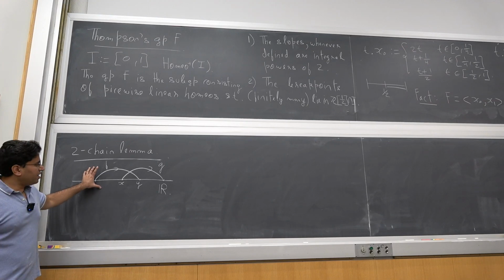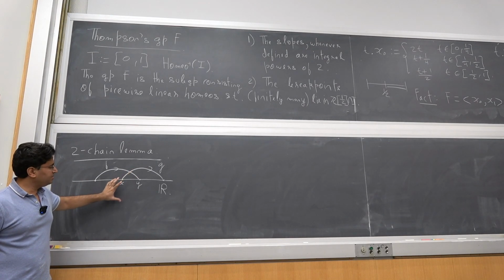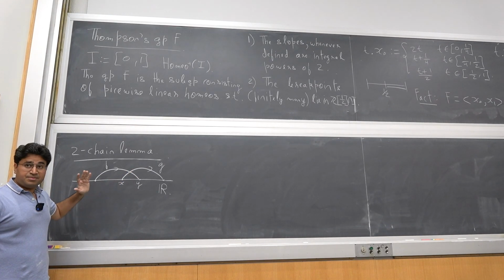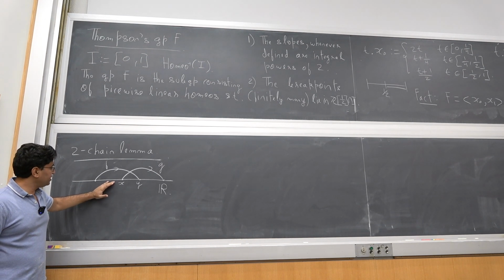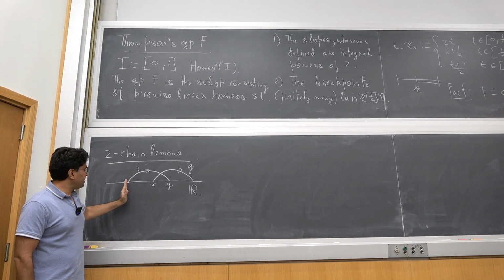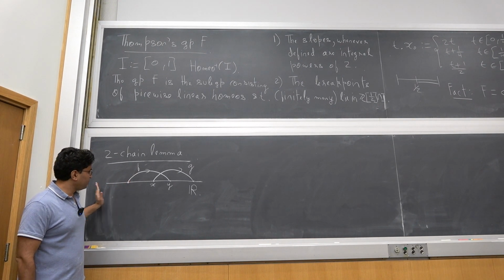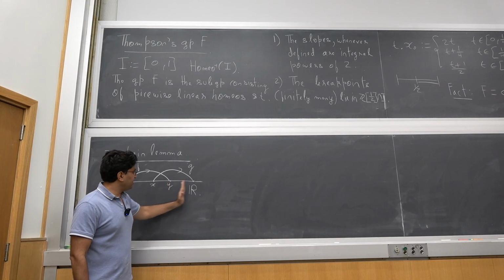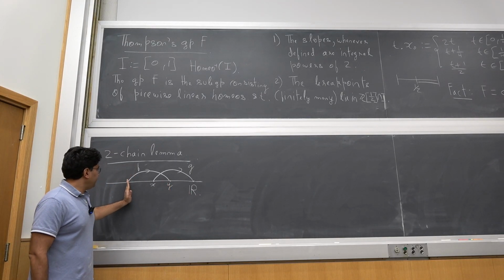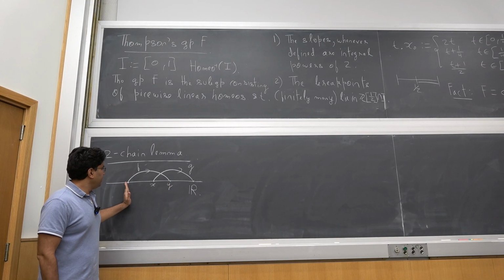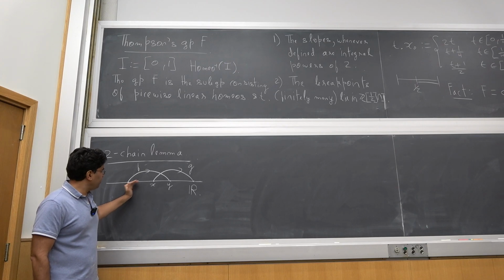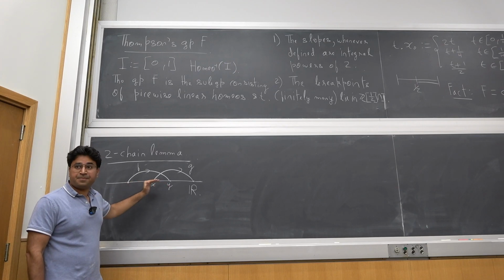So f and g are orientation-preserving homeomorphisms of the real line, satisfying the following dynamical hypothesis. f fixes everything to the left of this point, pointwise, and everything to the right of this point, pointwise. And in the open interval here, f moves points away from this point and towards y.